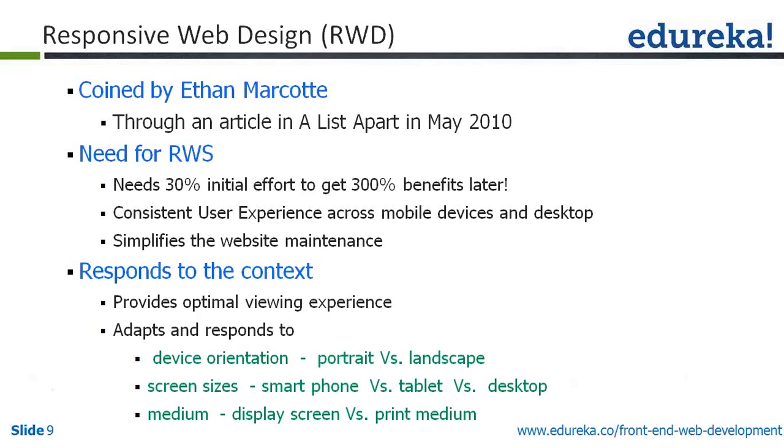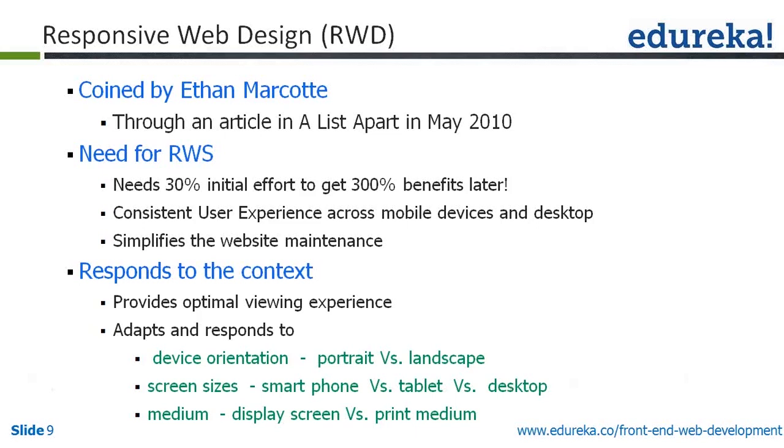So let's understand what responsive web design means. Basically, your website should respond to the context. Context could be device orientation, whether it's portrait mode or landscape mode, or screen sizes, like a smartphone will have a different screen size, a tablet is a little bigger than a smartphone, and a desktop is obviously bigger than a tablet.